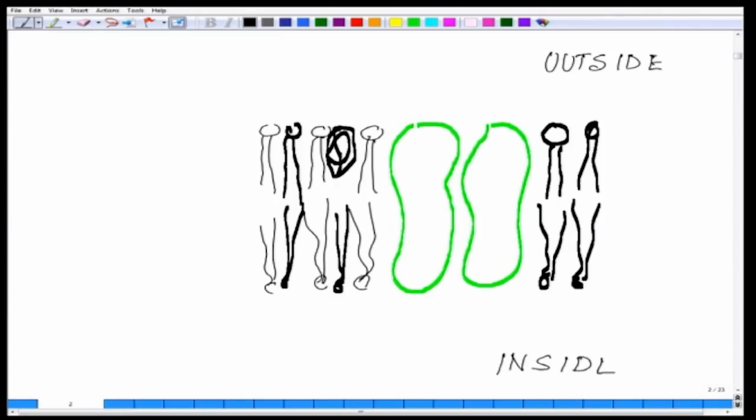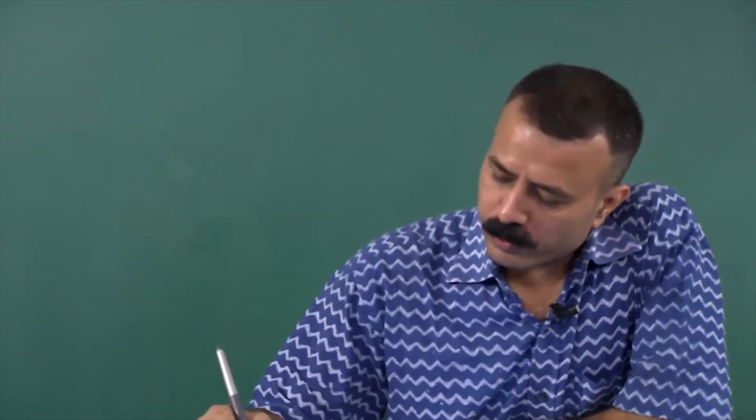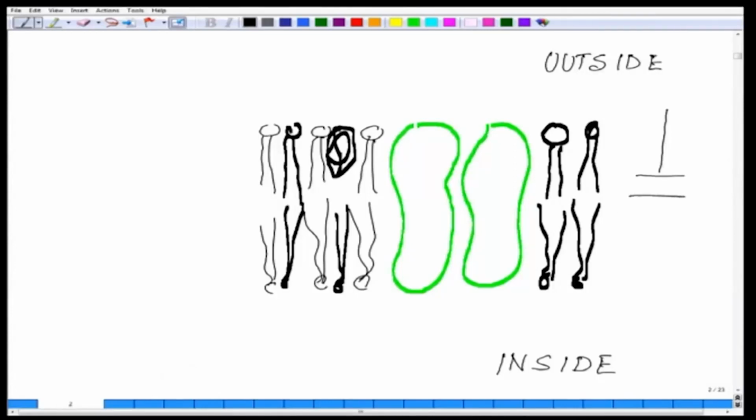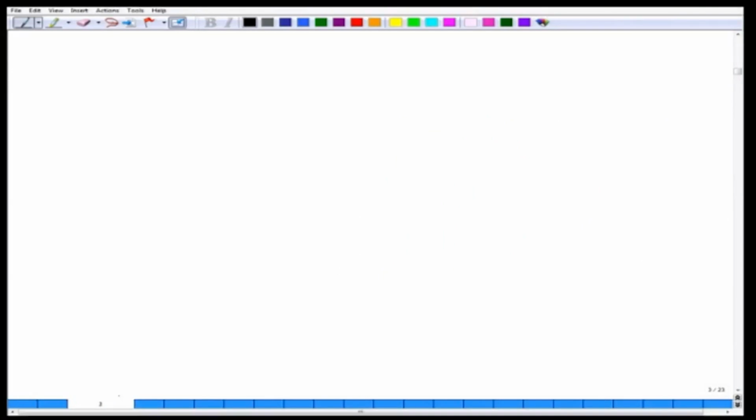We have already discussed the different millimolar concentrations of the different ions. You can treat this membrane first of all as a capacitor. This is the symbol of a capacitor. The way to treat it as a capacitor arises from the following point.